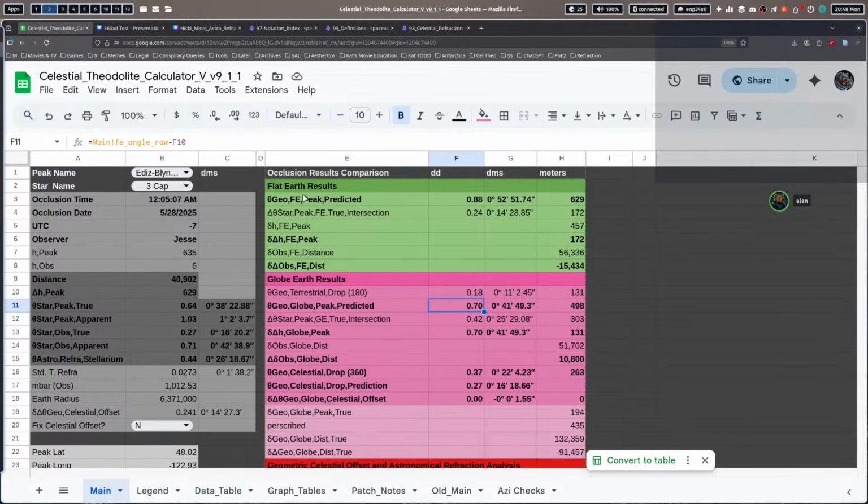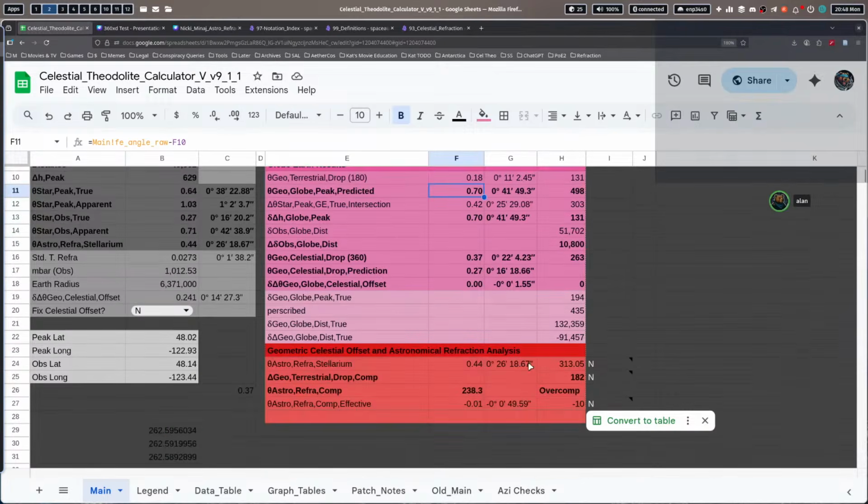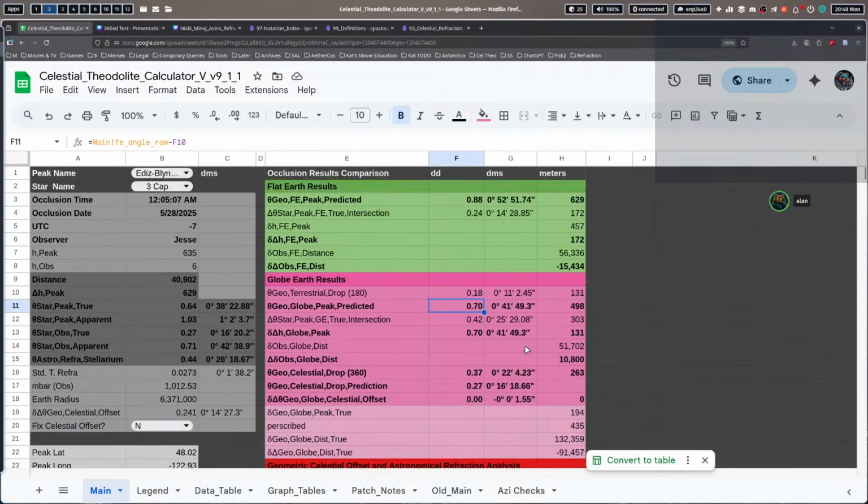But this is how you understand and get to the point where you can see what that means and how that compensation factor facilitated that entirely to work out mathematically, even though when we follow the arc of the star to its occlusion timing, it was 14 arc minutes off of the rise over run to the star, whereas they're 25 arc minutes off and require the apparent position mixture to explain it.